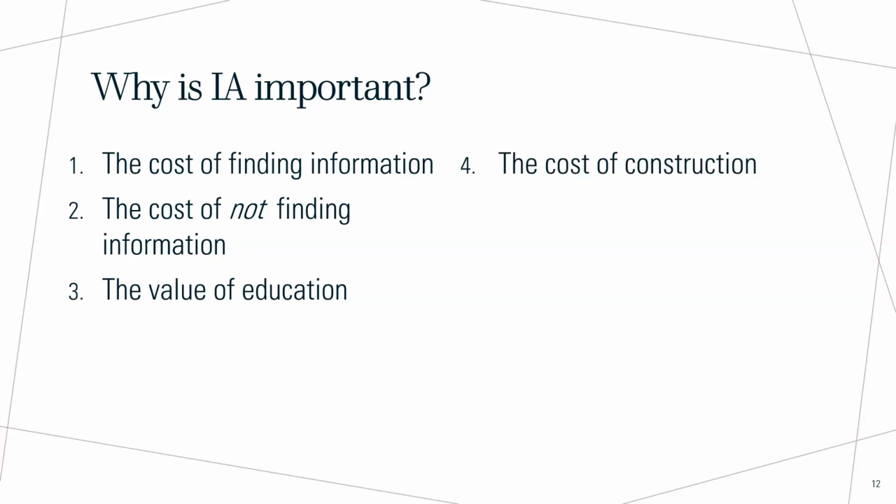The cost of construction. How much does it cost to put something together and do it well? You've probably heard the old saw about good, fast, and cheap, pick two. Well, think about this. If you want really good information architecture, well structured, easy to understand, visually attractive, etc., and you want it really fast, you're going to pay a lot of money for that.